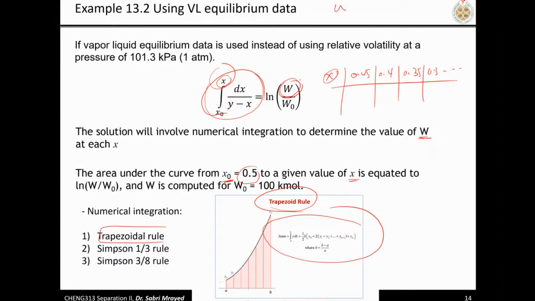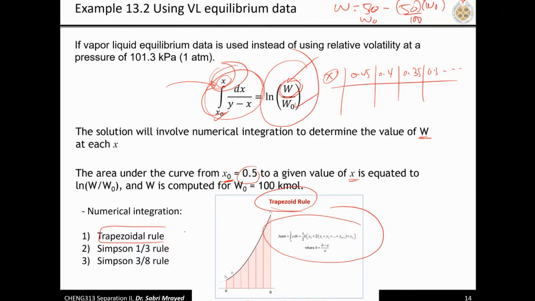It's going to be W0 minus 50% of W0. So it's basically going to be half of this will be gone. So you will be given W0, X0, and then you will do trial and error until you get this value, which is the natural logarithm of W over W0.